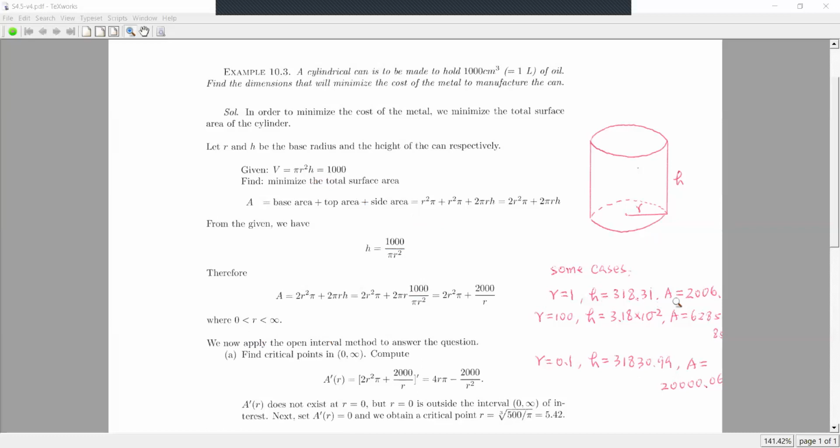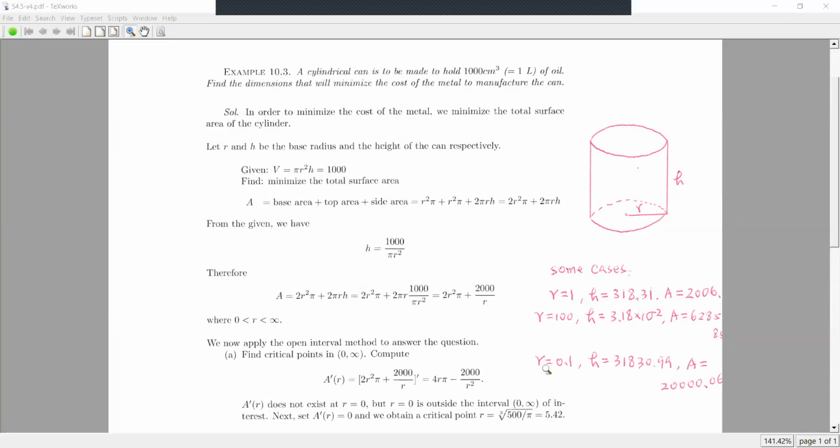And the total surface area of this can is this number. You can set r to be a large number, say 100. The corresponding h is this number, very small, 10 to the negative 2 here. Then the corresponding A is this number.